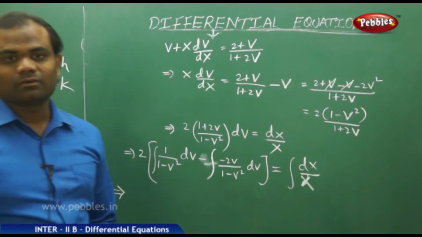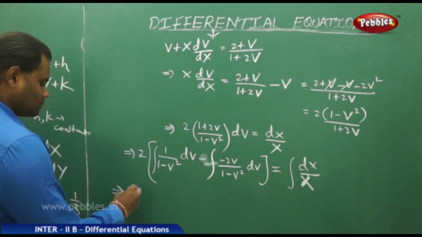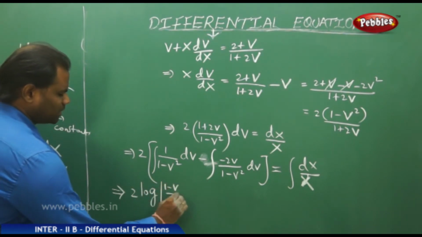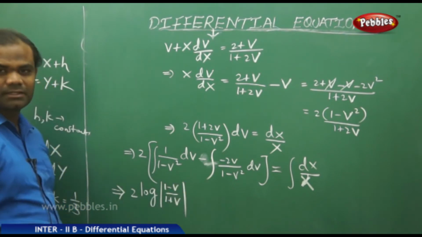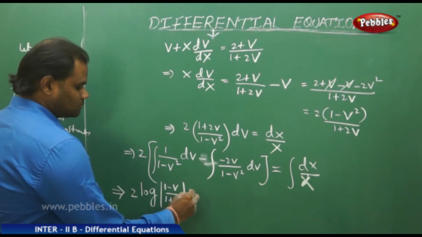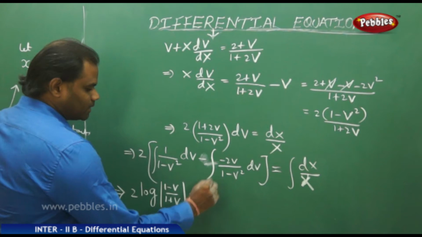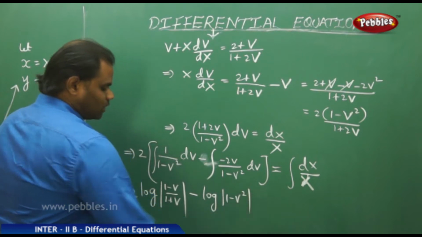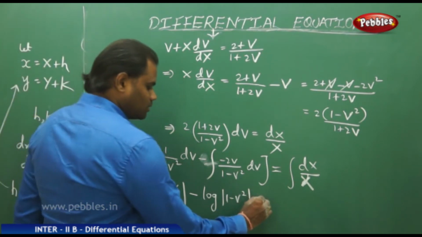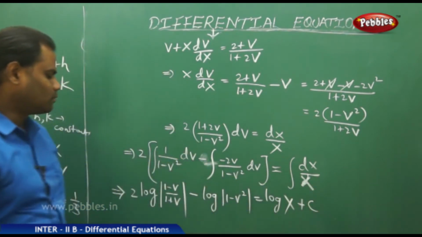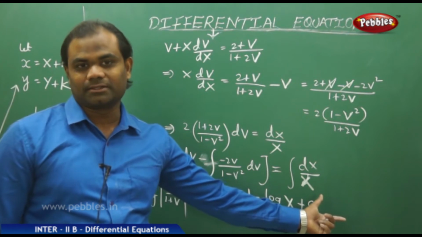and integral 1 by 1 minus x square is log mod (a minus x) by (a plus x), minus integral f dash x by fx, which is log mod 1 minus v square, that is equal to integral dx by x, which is log x plus c, is how we get each of the logs expanded.